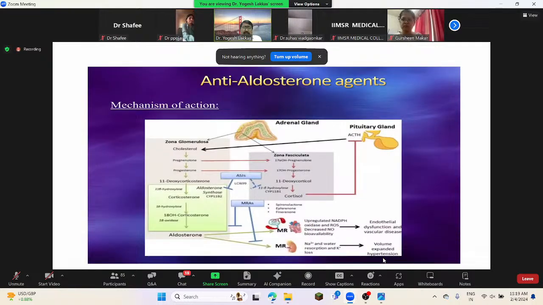This is the diagram that we have been seeing. It is secreted from the zona glomerulosa. And one important mechanism we can see is that endothelial dysfunction and vascular disease are also affected by aldosterone. That's why this is an important mechanism that we are acting upon, and many newer molecules will be there.